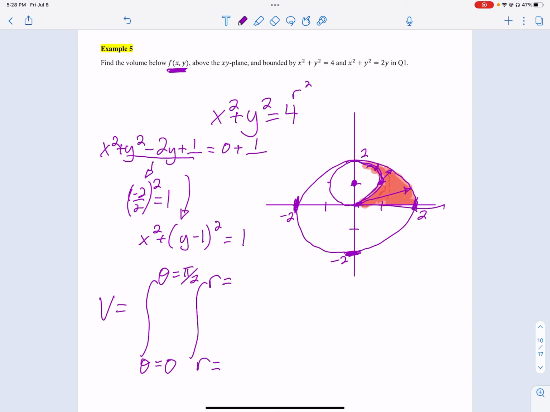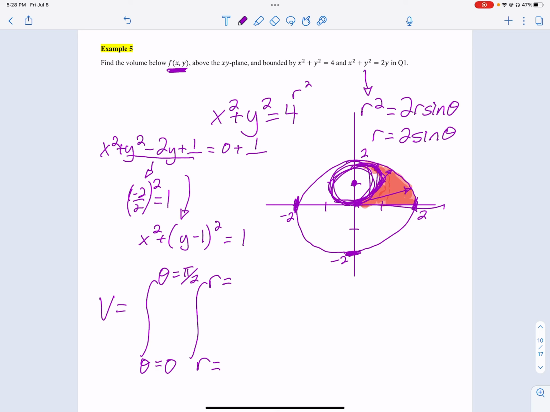We'll be starting on this other function here. If I take that and put it in polar, I get r squared equals 2r sine theta. I just replaced y with r sine theta. Divide by r, and I get r equals 2 sine theta. That's the inner circle.